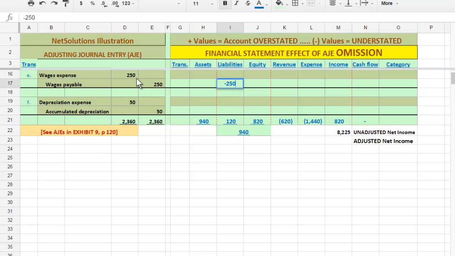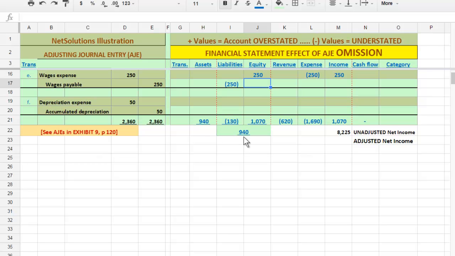Expenses are increased with debit side entries. If we forgot to make this debit side entry to expense, we would have understated expense by $250. The understatement of expense would have overstated net income because too little would be deducted from revenues, and if income is overstated, earned capital is overstated.